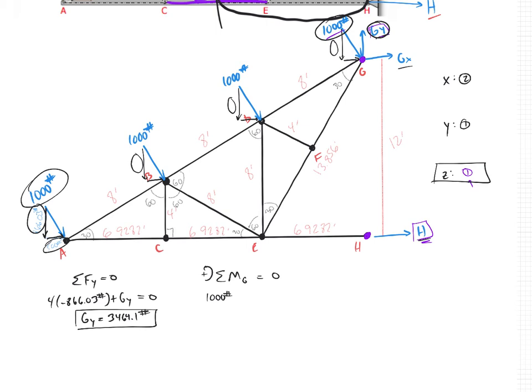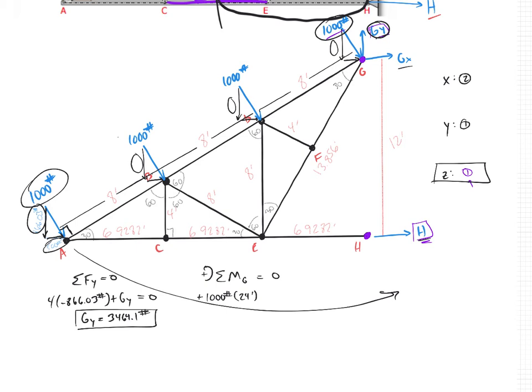The key to note is that this force is at a right angle to this distance, so it's 8 plus 8 plus 8 all the way there. It's perfect. So its moment arm is 24 feet, and it's causing a rotation in this direction, which we'll note is positive.